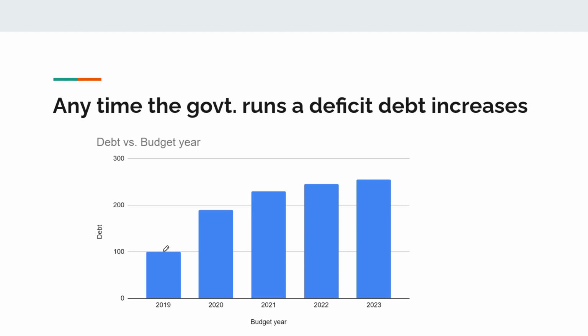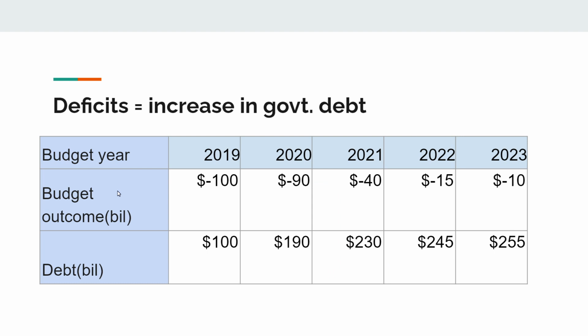So you would see that in the first year, the debt increased to $100 billion, then it increased to 190, and you can see the debt is increasing, albeit at a slower rate in these last 2 years. So it's still increasing. And if you're a numbers person, not a visual, you can see here that the government's outcome is equal to the level of debt, and then each period we just add the deficit to the outstanding debt, or the total stock of debt, and debt increases just by a slower rate.